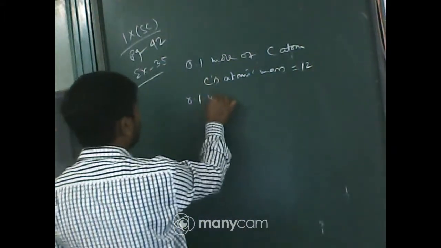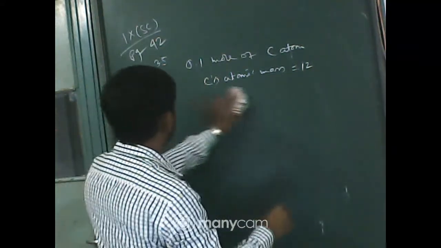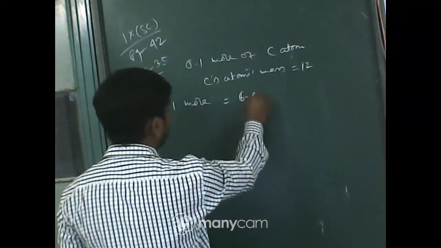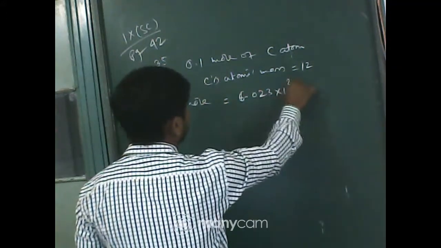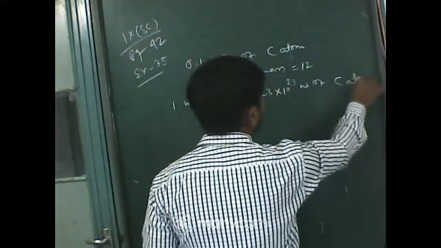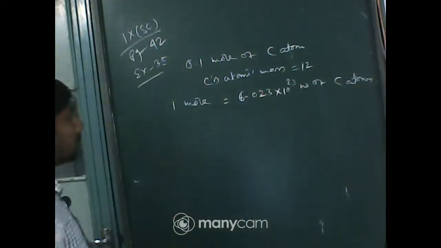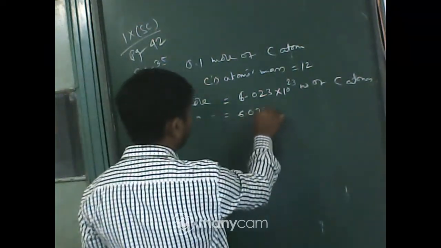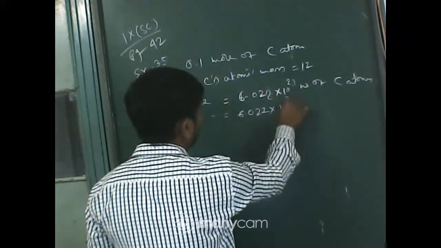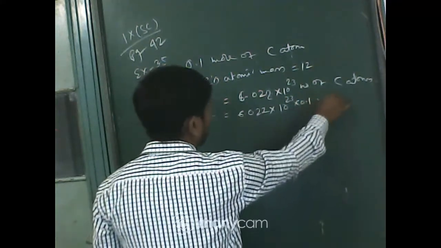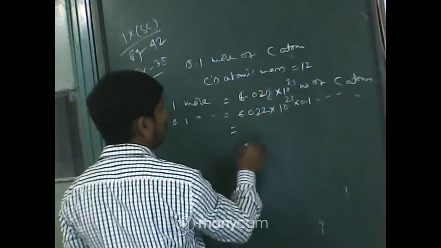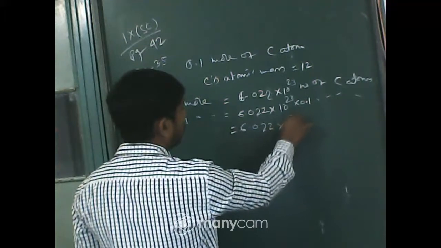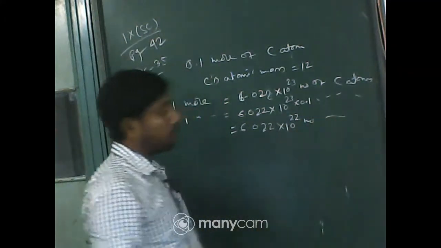So 0.1 mole, that is 1 mole having the particle number 6.023 into 10 to the power 23 number of carbon atom. So 0.1 mole, that is 6.022 into 10 to the power 23 into 0.1 number of carbon atom. So here it is 6.022 into 10 to the power 22 number of carbon atom.